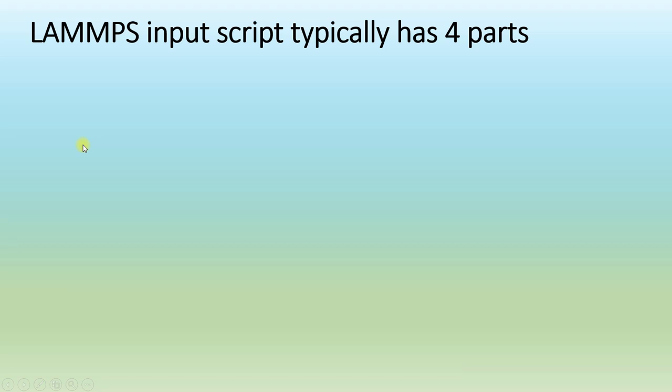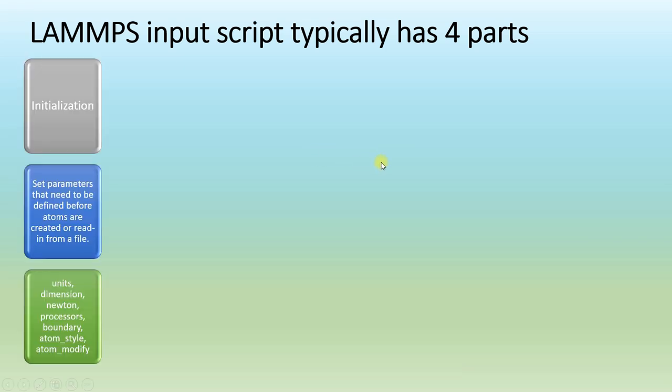So basically, a LAMMPS input script is typically composed of 4 parts. To implement the logic of a problem, you need to understand LAMMPS script syntax. A LAMMPS script can be divided into 4 parts roughly.